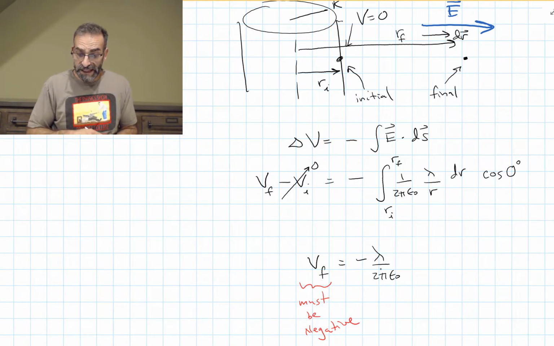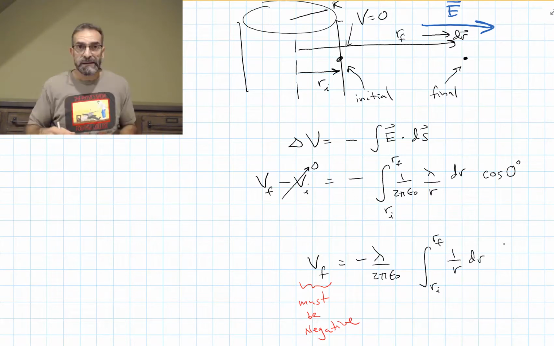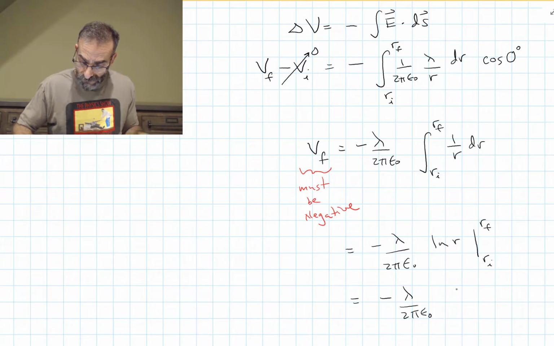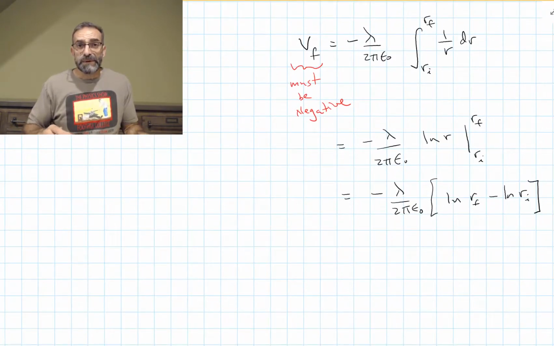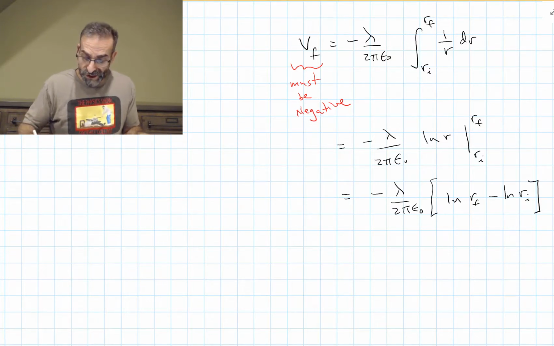I have the integral of 1 over r dr. And that's just the natural log of r. If you remember your log properties, the natural log of r final minus the natural log of r initial is just the natural log of r final over r initial.